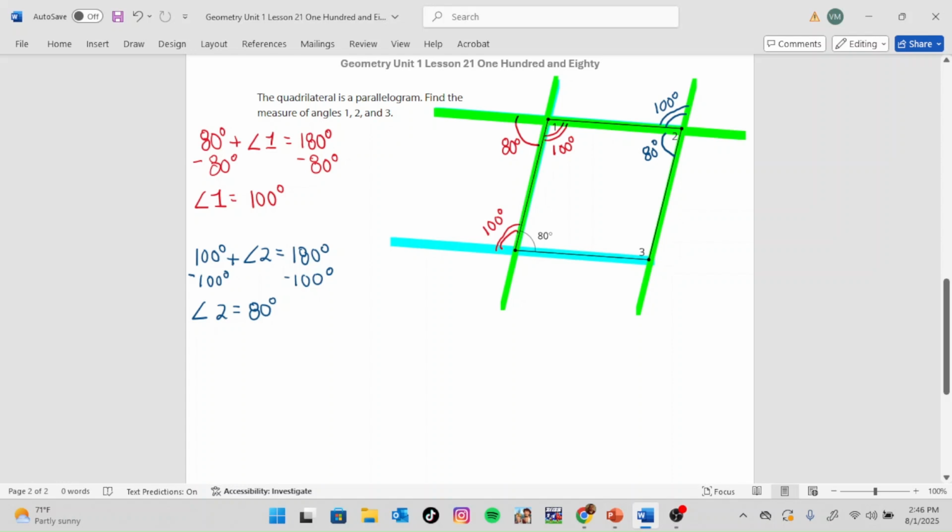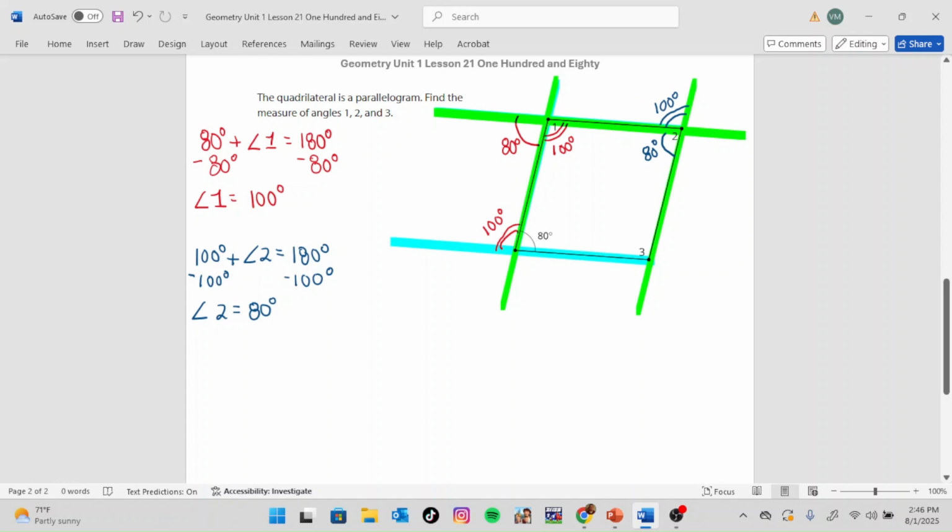And there's two ways to get this last one. I could choose another set of parallels and another transversal and do the same thing I did to find the first two angles.